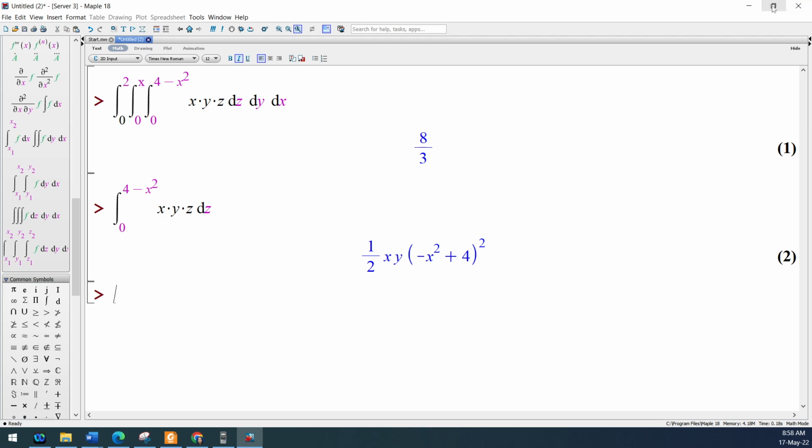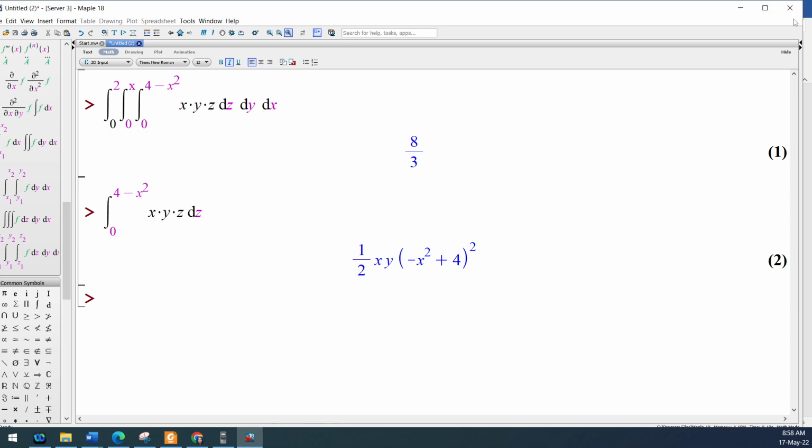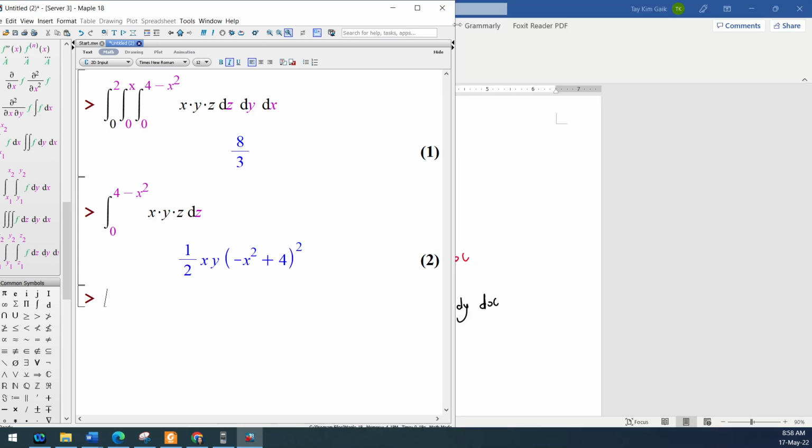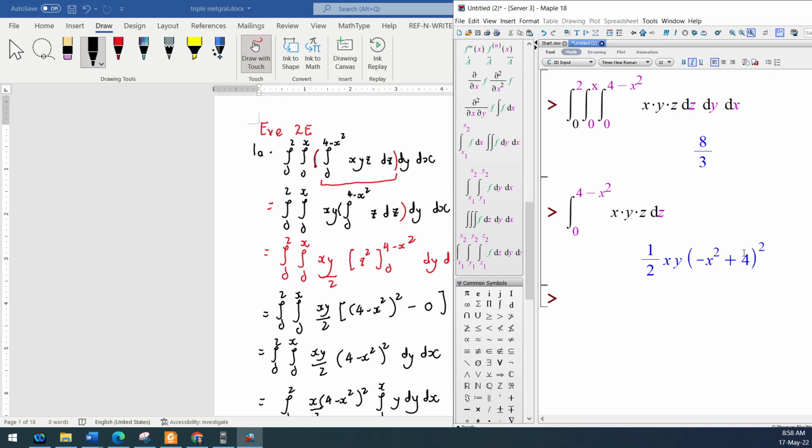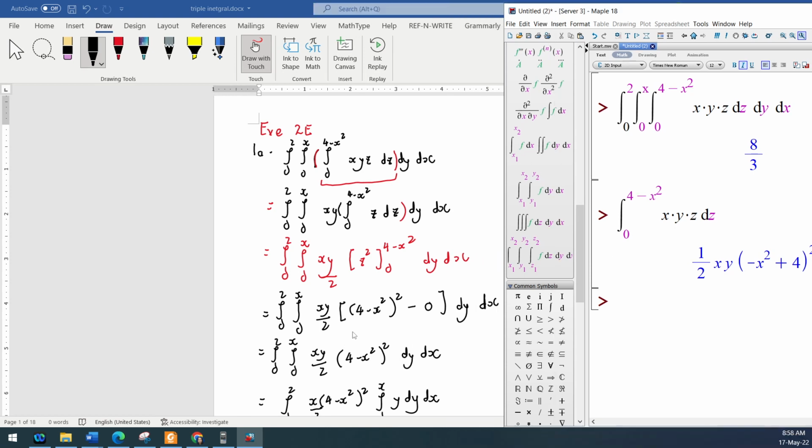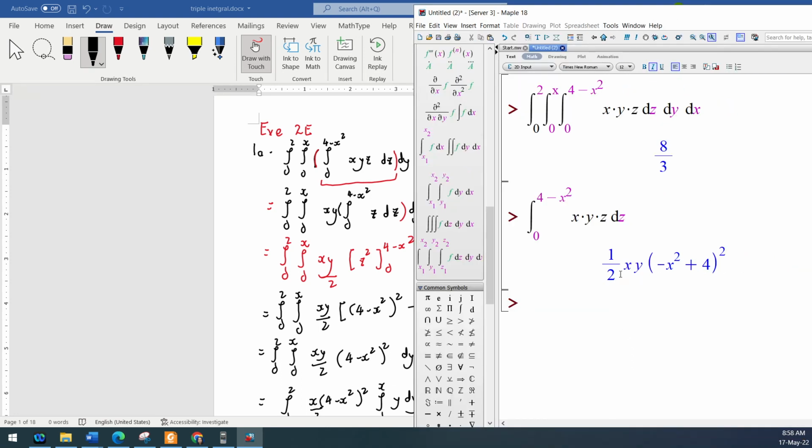So you see half xy, you can check whether the inner one, after plugging in the limit, your answer should be half xy, 4 minus x squared power 2. So you get it here. You can compare here. After putting in the limit, you get the answer half xy, 4 minus x squared power 2.